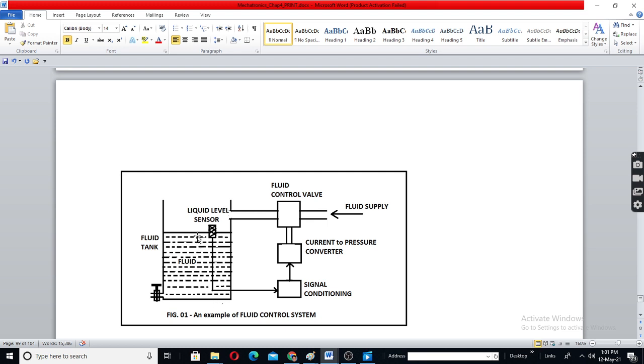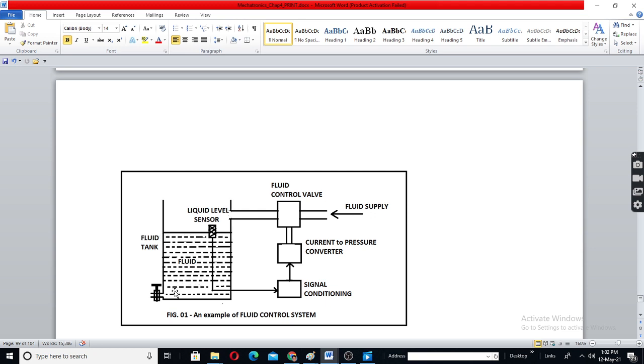As the liquid reaches the maximum level, you will get maximum voltage, maximum current, that will give the required maximum pressure, such that the fluid control valve will become completely off, closing the fluid supply. So it will limit the fluid level to the maximum level.